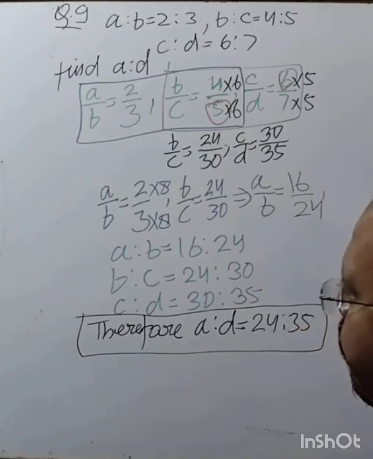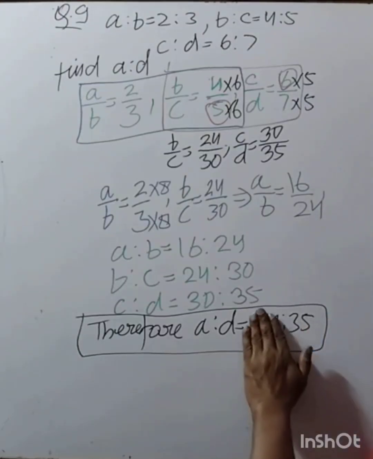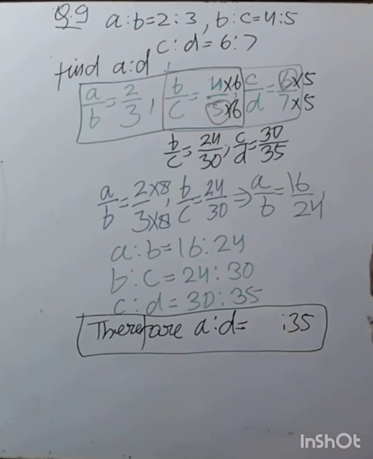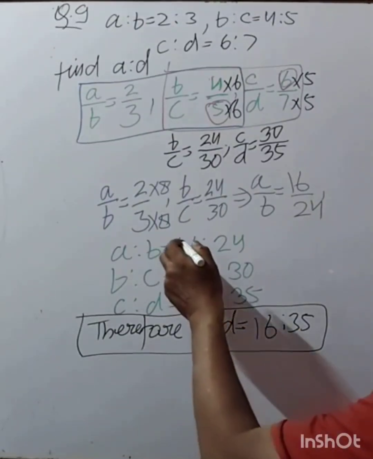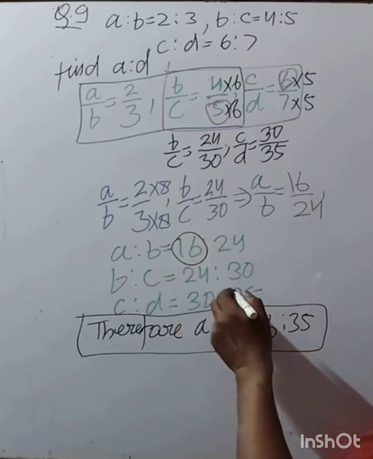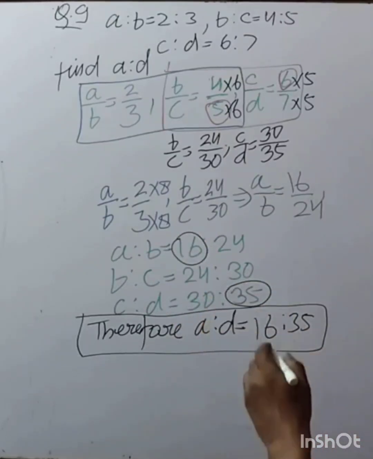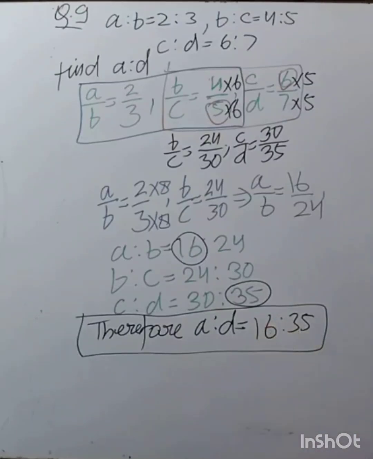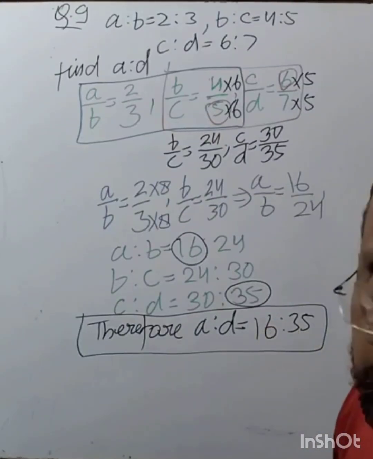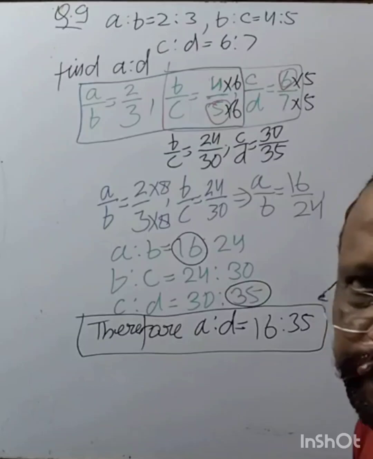Sorry, A is 16, no? Sorry, this is 16 ratio 35. By mistake I wrote 24.